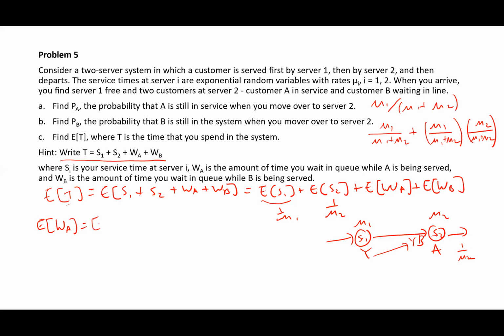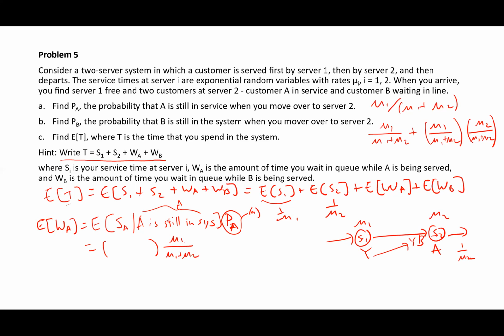So I can rewrite this as the expected value of the service time of A, given that A is still in the system, times the probability of this portion happening, which I'll call PA. This is not by coincidence, this is by design. We already have that from part A, so this is going to be something times what we got in part A, which is mu1 over mu1 plus mu2.